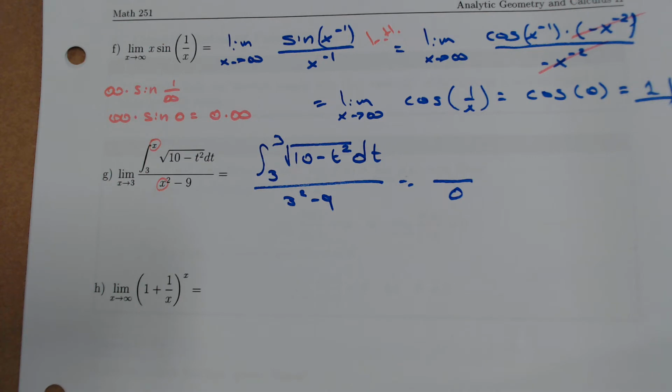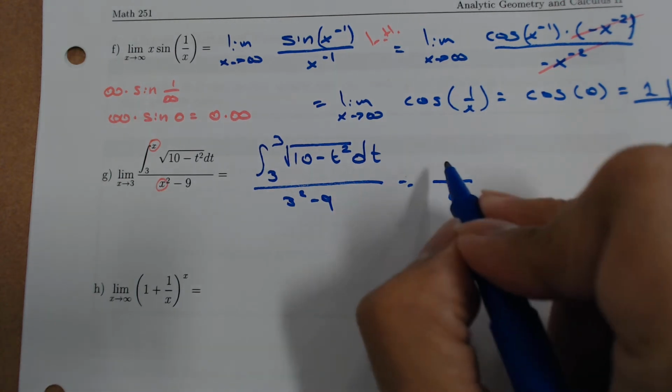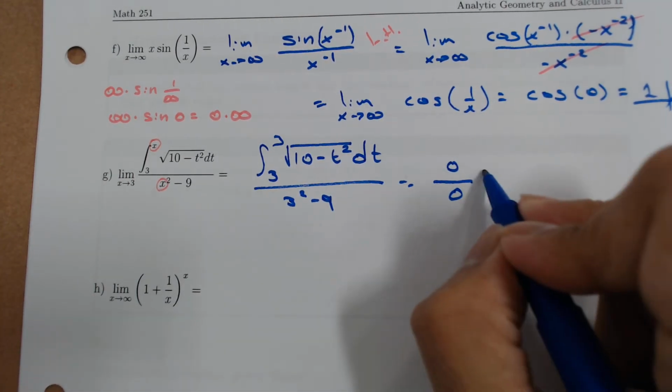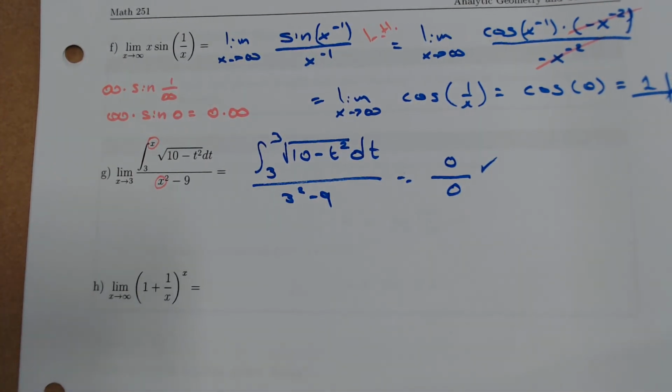Recall that the integral represents the area under the curve of a function from point A to point B. But if you remain at the same point, you're going from 3 to 3, you're standing at the same point. You're not spanning any area, so 0. All right? Which is good, because this is an indeterminate form.